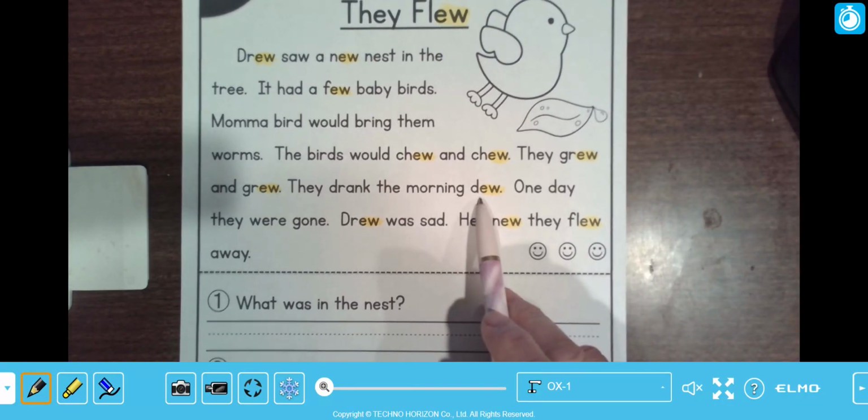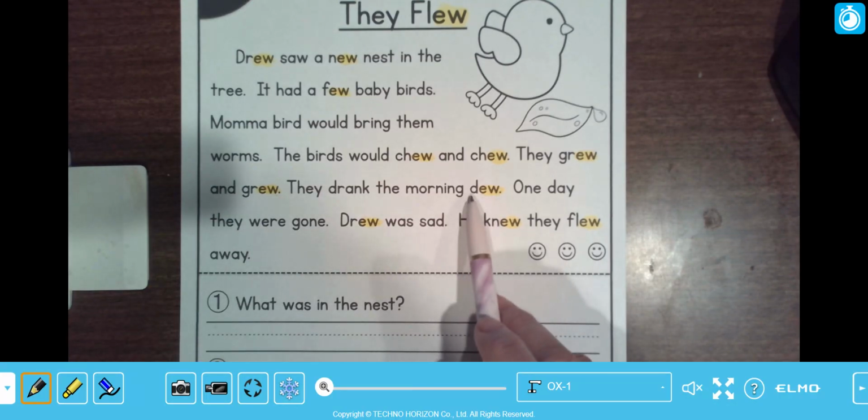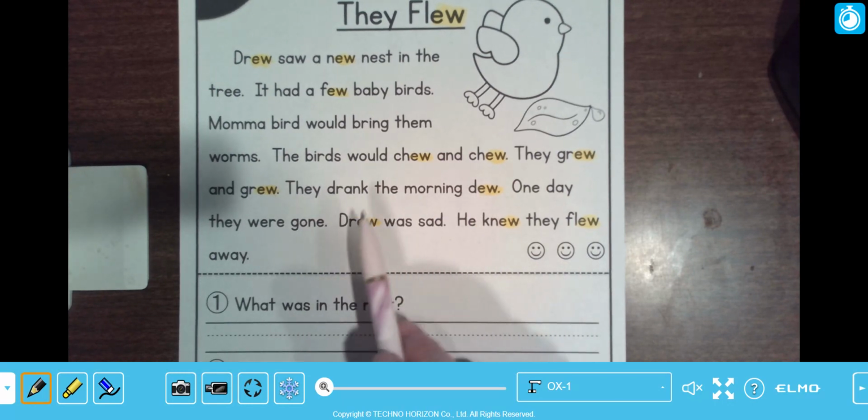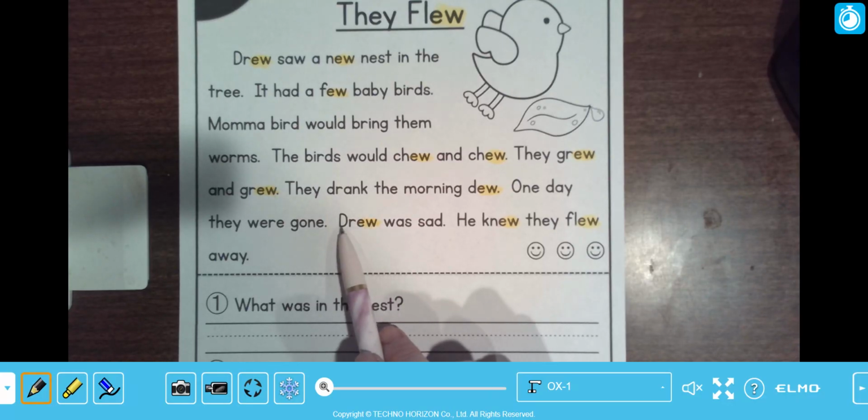Let's do this one. What sound does the EW make? Ew. So let's do the first D. Ew. What's the word? Do. Right? And then this one. What sound does the EW make? Ew. Okay, let's read the word.